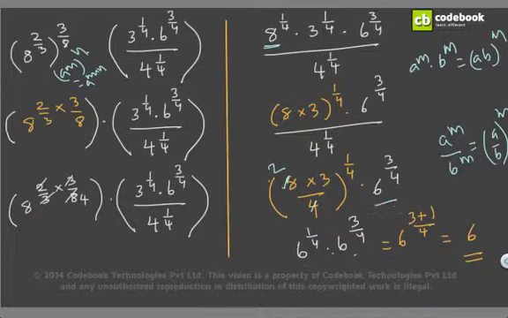So again, this is in the form of a power m multiplied by a power n, which is equal to a power m plus n. So that's equal to 6 power, if you add these two things, you will have 4 by 4, and 4 and 4 gets cancelled out, and you have simplified this expression to be 6. So in this way, you can apply the laws of exponents to simplify real number expressions.